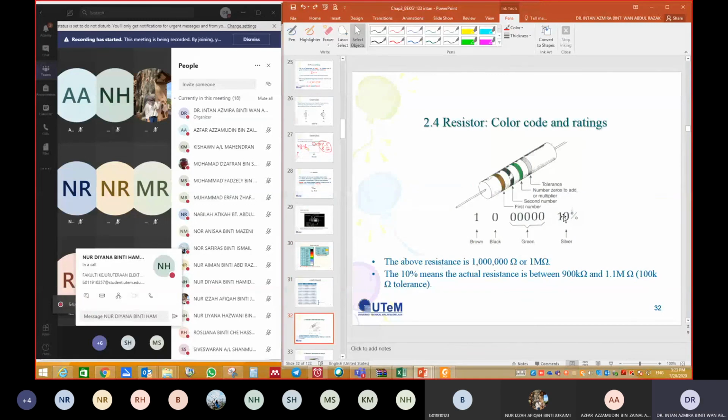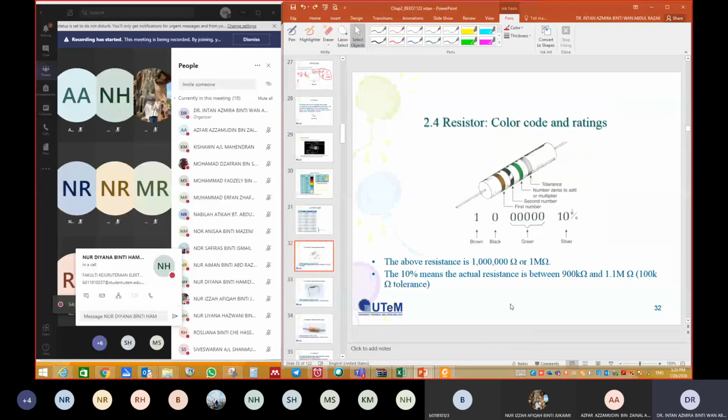So we put 10%. The value for this resistor is 1 followed by 6 zeros, so 1 mega ohm, and the tolerance is 10%.